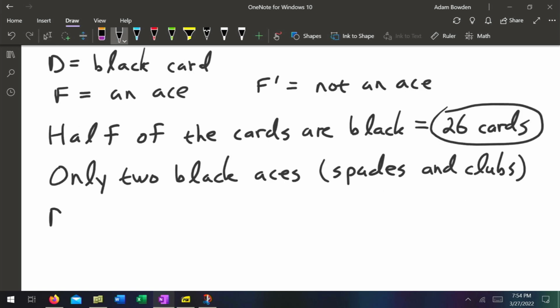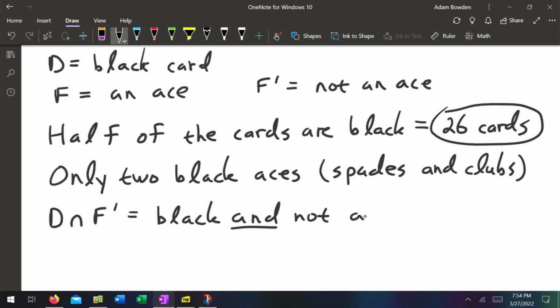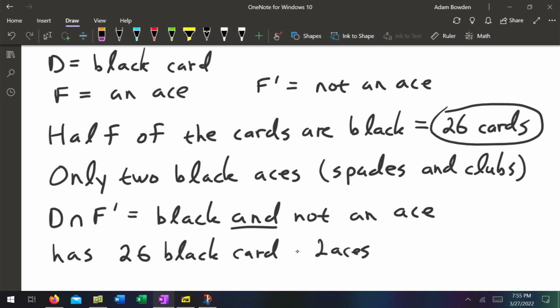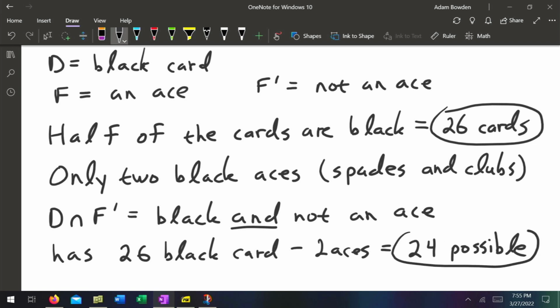So when we talk about D intersect F complement, we're talking about the cards that are both black and not an ace. So what that means is there are 26 black cards minus the 2 aces, leaving us with just 24 possible left over that are black and not an ace.